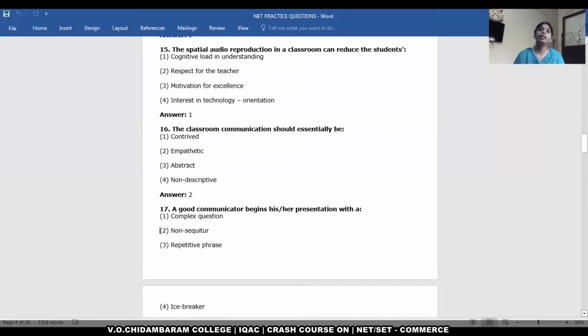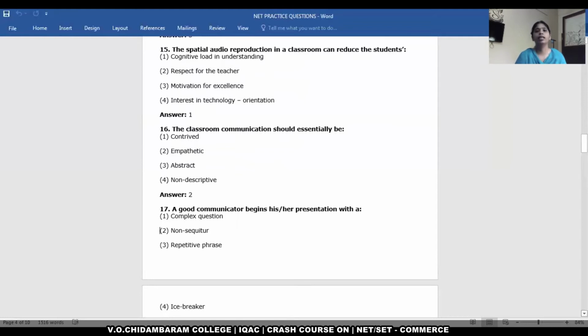No. Empathetic means having the ability to understand each other's feeling, having the ability to share one's feeling, or understanding some other person's, some other friends', students' feeling. That is empathetic. Abstract, that does not have any form, that we cannot understand. Non-descriptive, something we cannot describe at all.